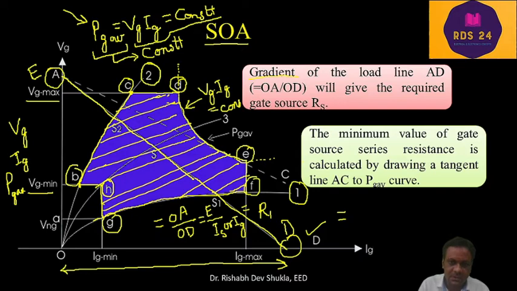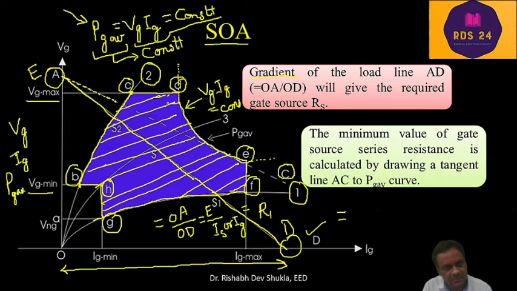Okay. If you are going to calculate the minimum value which is required in your gate circuit or series resistance required in your gate circuit, you can draw a tangent line starting from the point A to this average power curve, which is now AC.